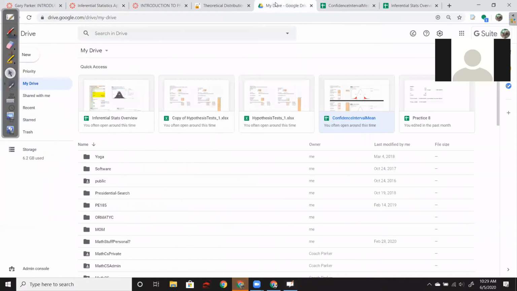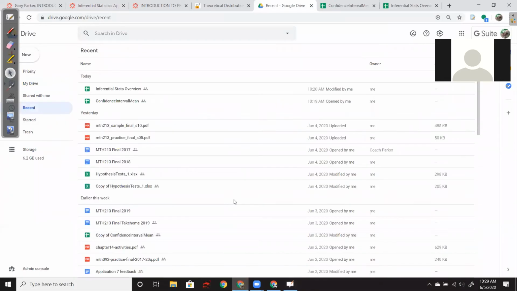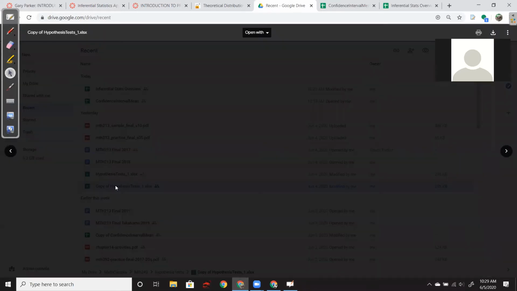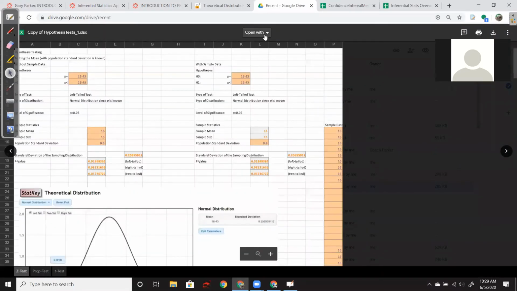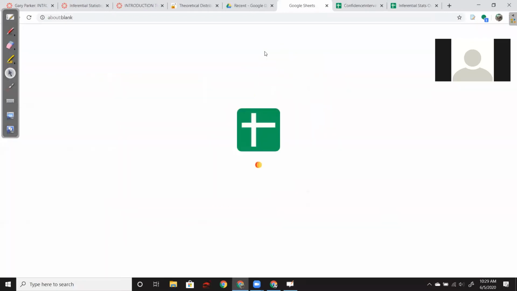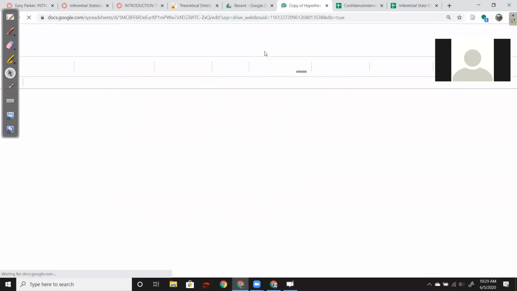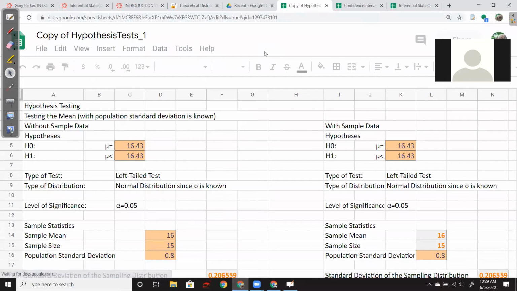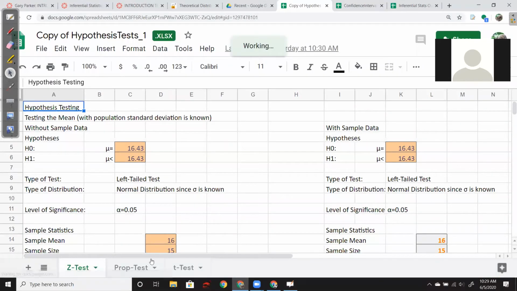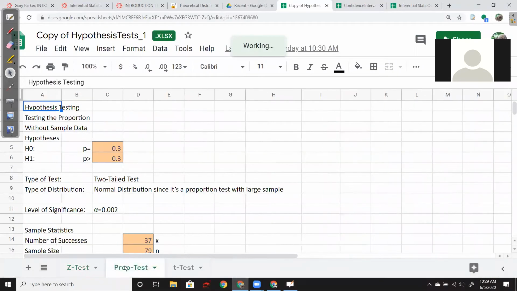And where's my copy of that one? Let's see. Copy of hypothesis test. I think this is the one I want. And then I want to switch over to the proportion test, because this is a proportion. Then I enter my information.